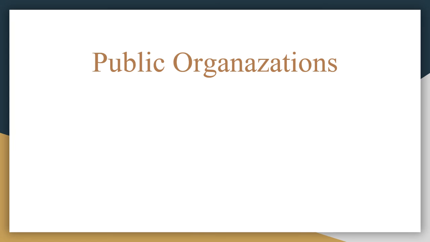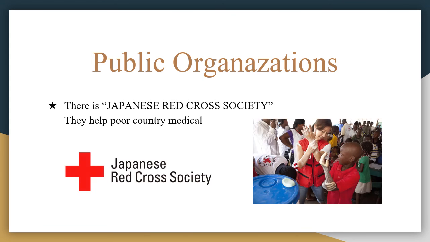In order to solve these problems, we have a way. This is to contribute to public organizations. For example, there is a public organization called the Japanese Red Cross Society. This organization does volunteer activities for countries with poor healthcare systems.